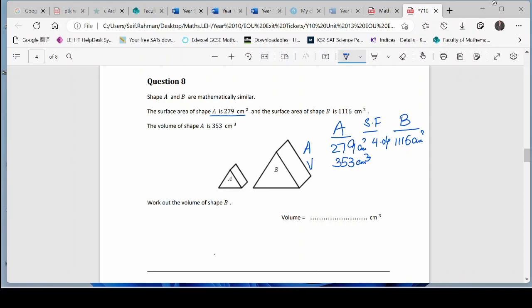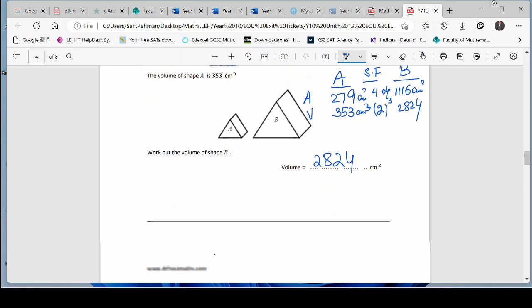So we take the square root of 0.4, and that gives us 2, and then 2 cube because we have to find the volume. So 2 cube is 8. 8 times 353 should give us 2824 centimeter cube. 2824 centimeter cube should be the answer.